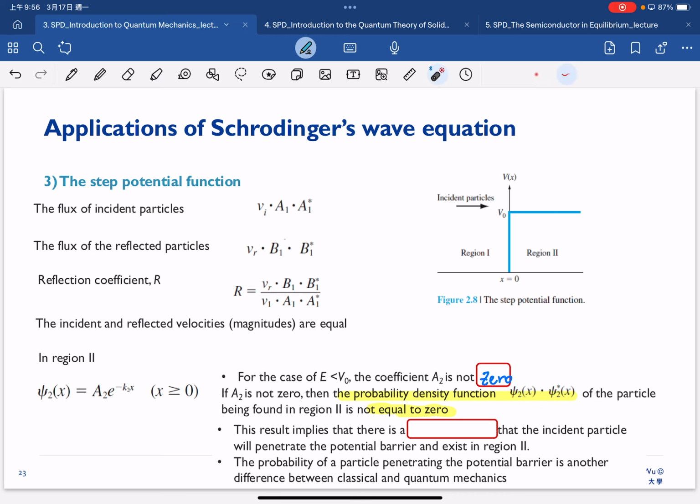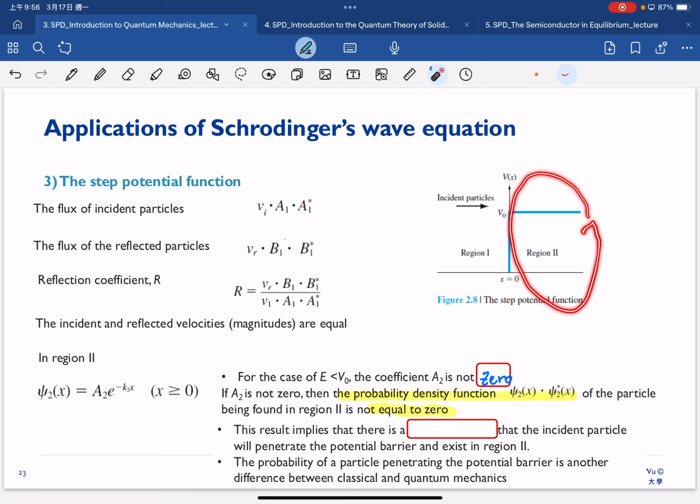So that's why we use a probability density function here. But surprisingly, when considering region 2, the probability of finding the carriers, the electrons, in region 2 is not equal to 0. So that means we can have a certain probability of finding the particle, whether electron or hole, in region 2.